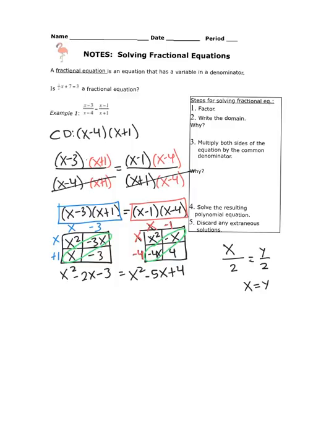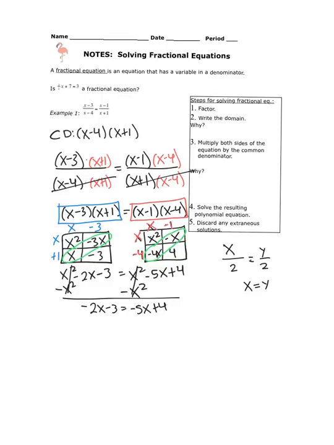So we've got this. My goal here is to get x by itself. So you want to get everything on one side. So I'm going to subtract x squared from both sides. So now I've got negative 2x minus 3 equals negative 5x plus 4.